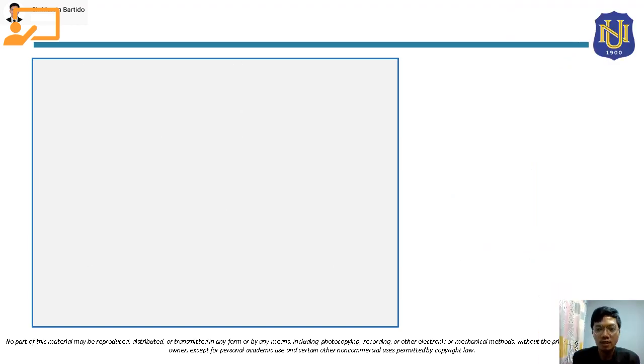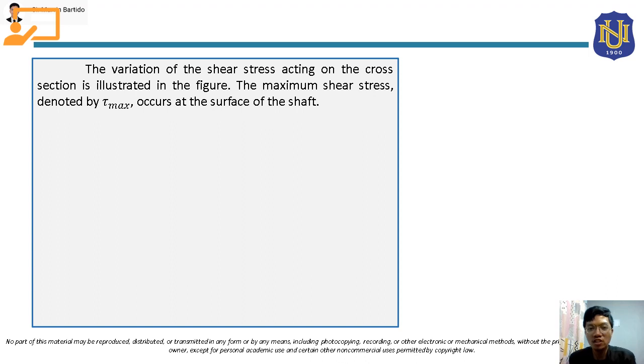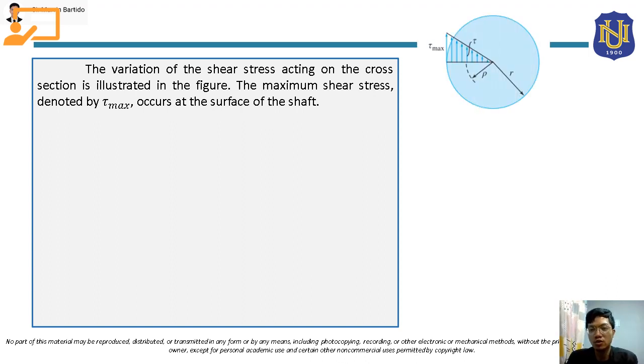So the variation of the shear stress acting on the cross section is illustrated in the figure. Here in this figure, these blue vectors are the shear stress in this cross section. As you can see, at radial distance ρ, the shear stress is this.